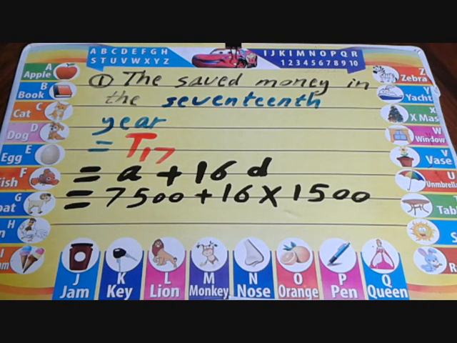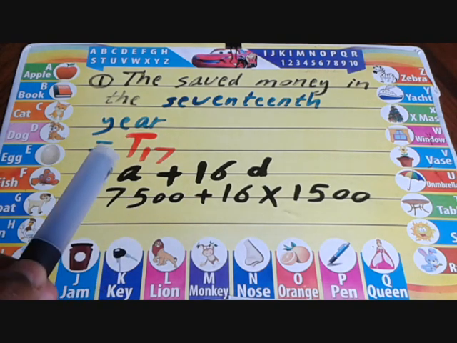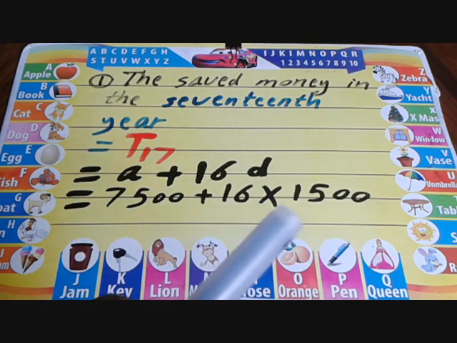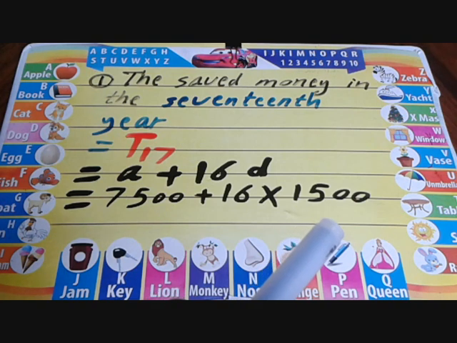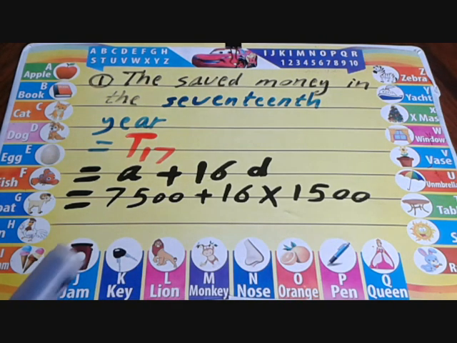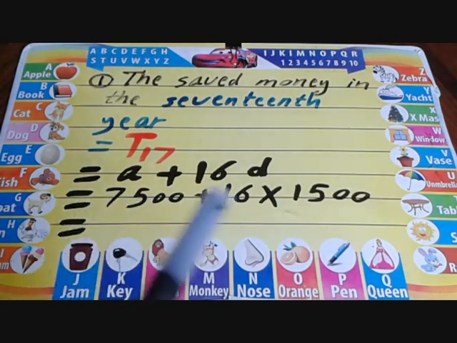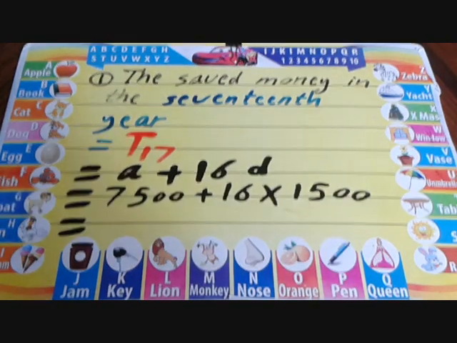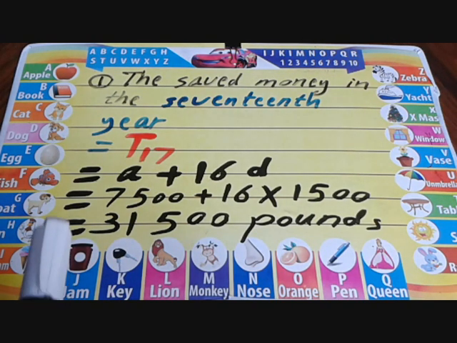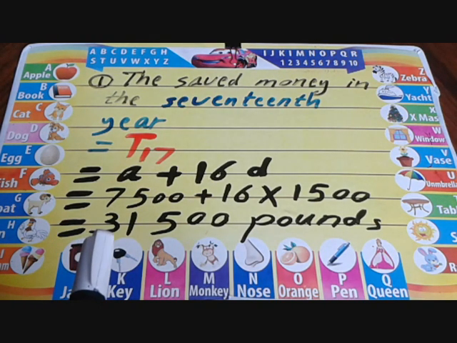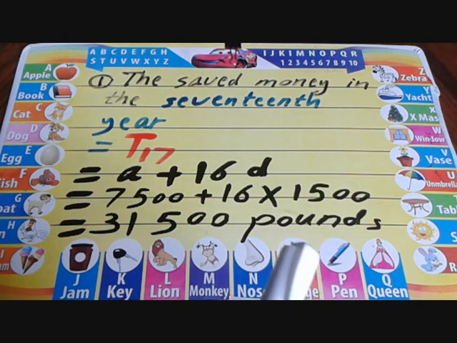Review the previous steps: you will notice that this is the first term and this is the difference. This equals 31,500 pounds.